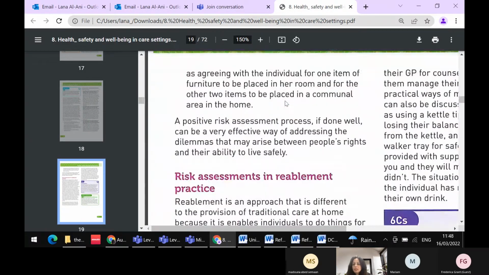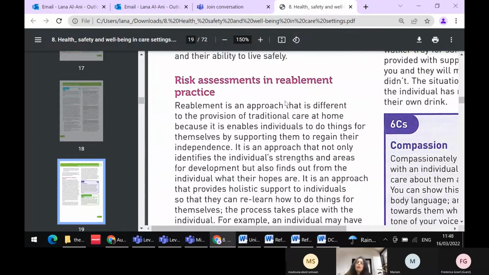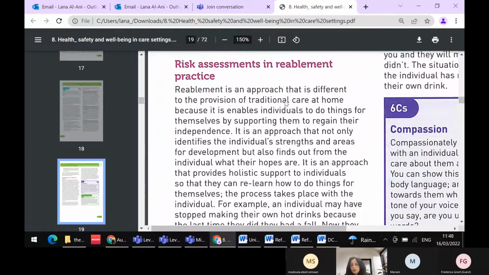So risk assessment, very important. Why? Because you get all the information you need about certain situations, about certain hazards, and then you give your clients all the information they need so they can make a proper informed decision.